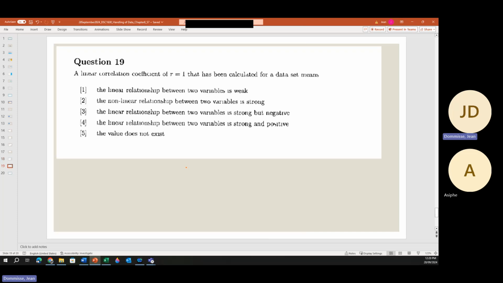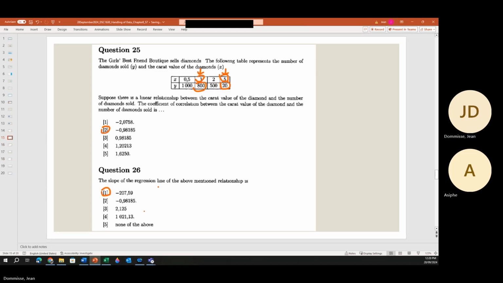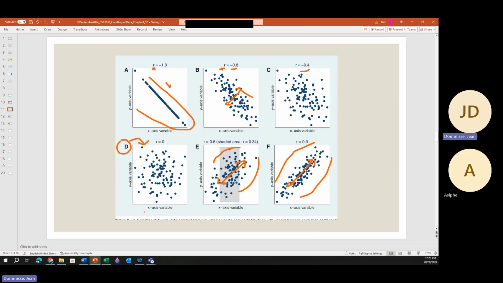And then the last question was again a definition question. Here they said, you've got a linear correlation coefficient of R equal to 1. If we go back to those graphs, R equal to 1 would have been this one, lying like this.